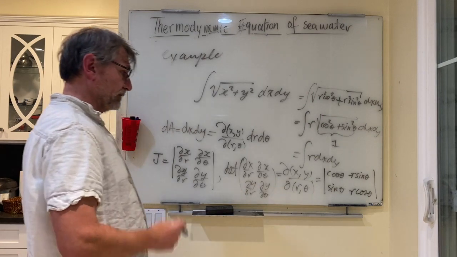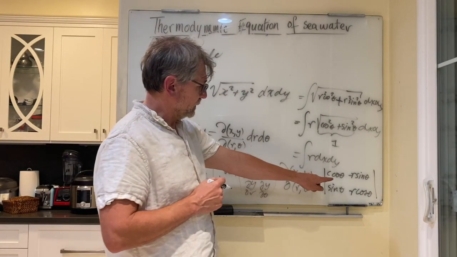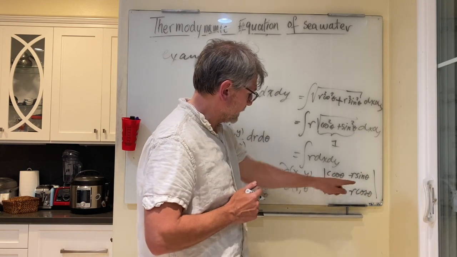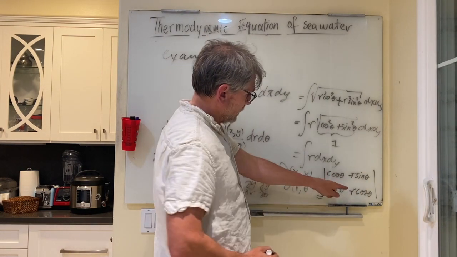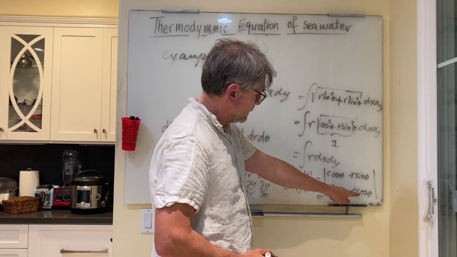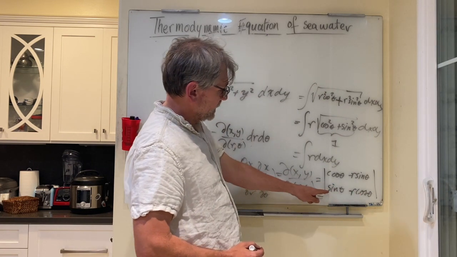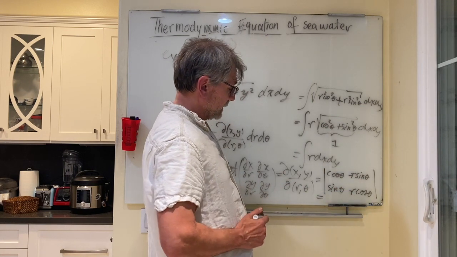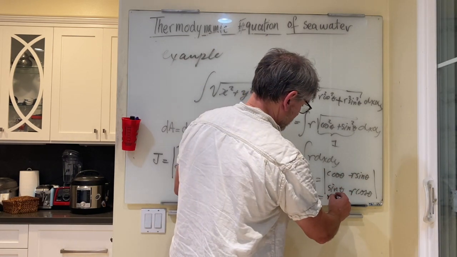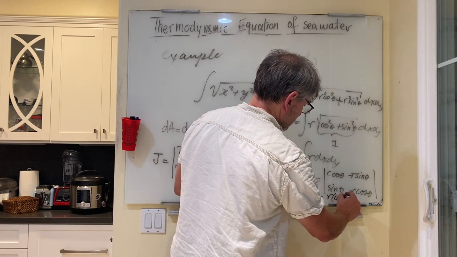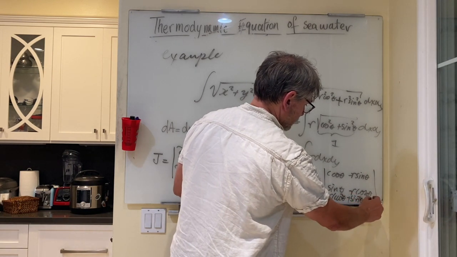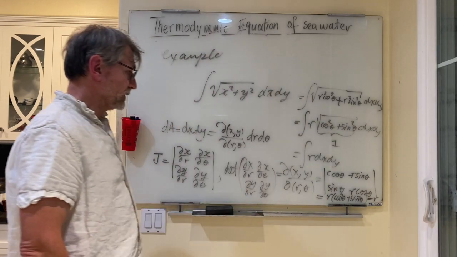And I take the determinant of that, which is this times this minus this times that. And what I get is r cos squared theta minus, makes it a plus, so plus r sine squared theta. So I get r times cos squared theta plus sine squared theta, which is just r. So the Jacobian determinant is just r.